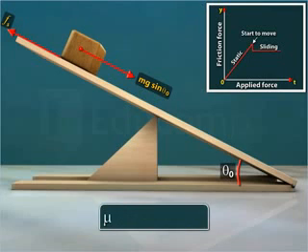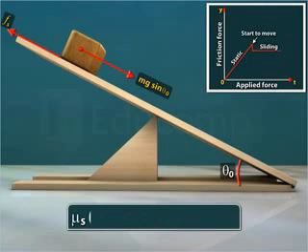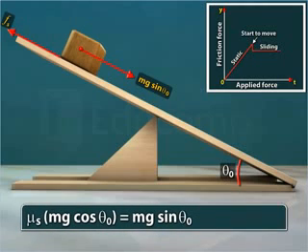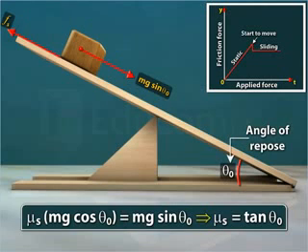Then mu s N equals mg sin theta 0, so mu s mg cos theta 0 equals mg sin theta 0, which makes mu s equal to tan theta 0. Theta 0 is called the angle of repose.